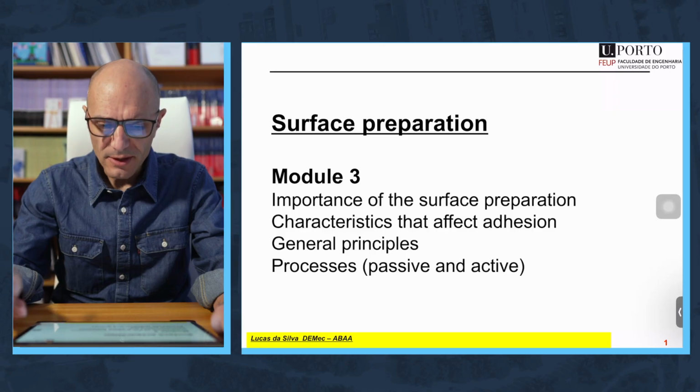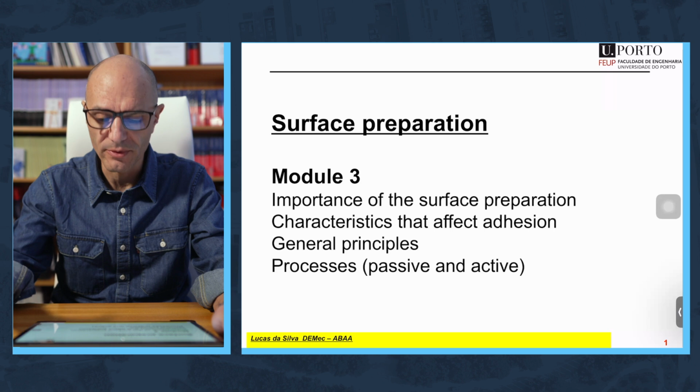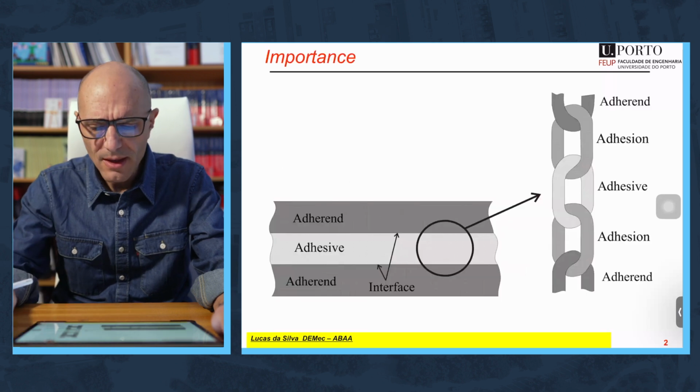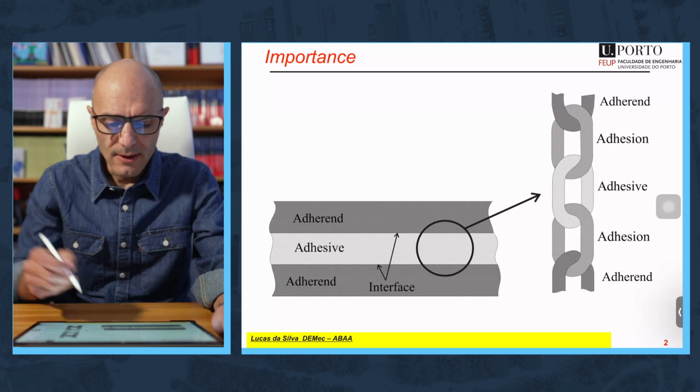So it's time now to look at the recipes that exist in terms of surface treatments for the different materials that we want to bond. But let's first talk about the importance of the surface treatment.